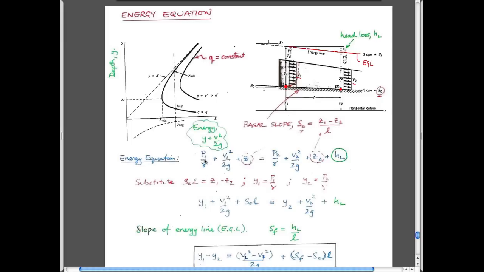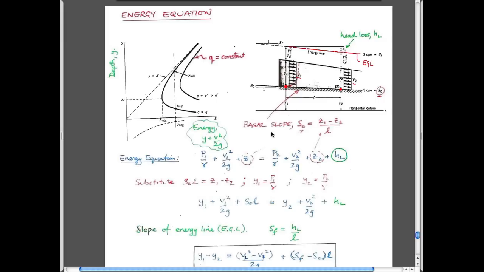In terms of heads, all these are lengths. Pressure head, velocity head, elevation head. Upstream, the same downstream, and also some loss that's in here. And all that the open channel flow equations are, is that we now write Bernoulli, or the energy equation, slightly differently.